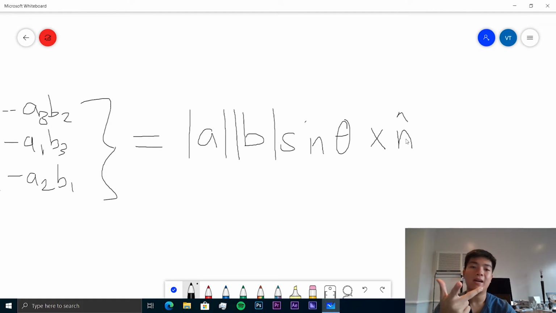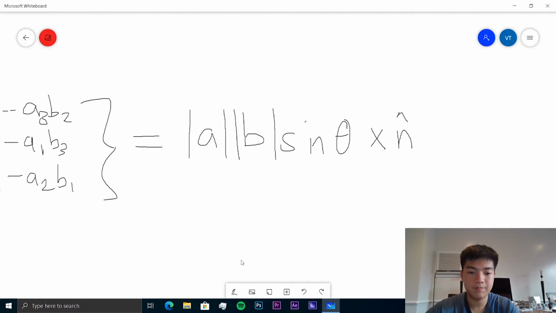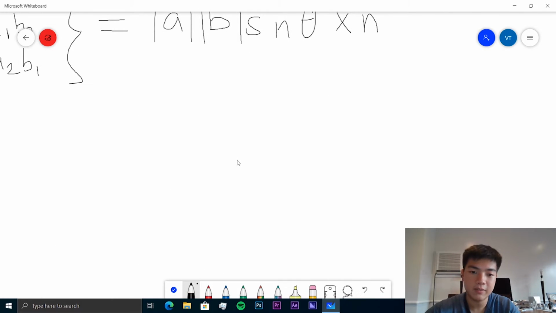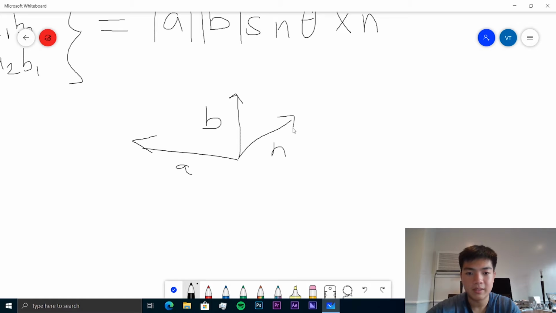It's given by the right hand rule. If you stick out three fingers of your right hand, with A going this way and B going this way, then n will be going this way, perpendicular to them.